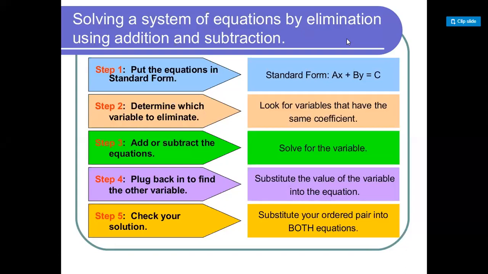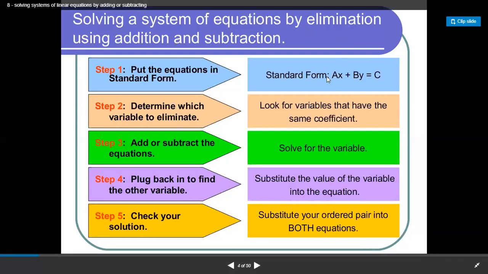The standard form is written here in front of you: ax plus by equals c. Once you have any equation, you are going to write it in standard form, ax plus by equals c. Second, determine which variable to eliminate. Look for variables that have the same coefficient.